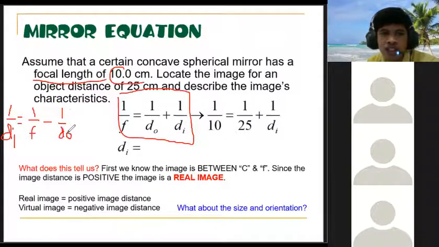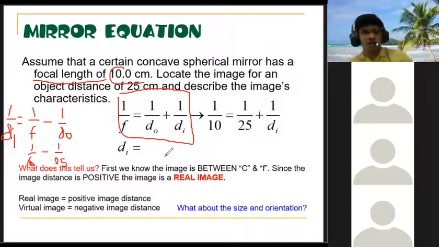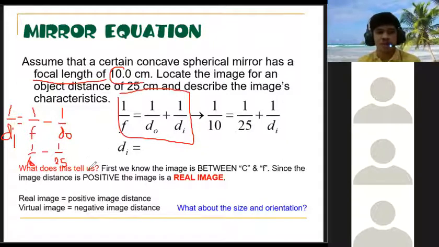So that is 1 over 10 minus 1 over 25. How do we solve this? We get the LCD of 10 and 25. That's 50. So 5 minus 2 is 3 over 50.